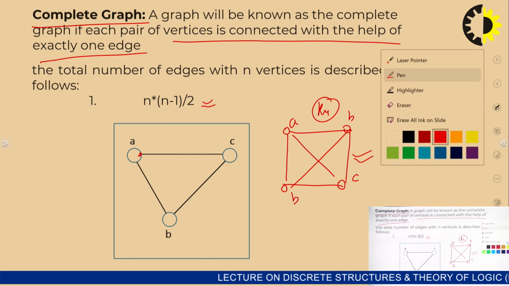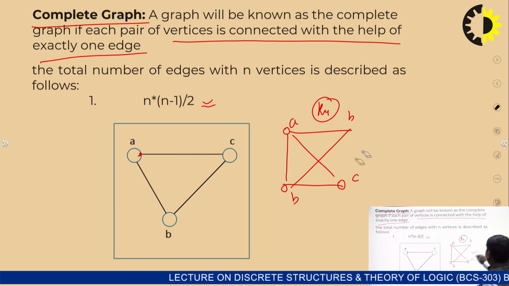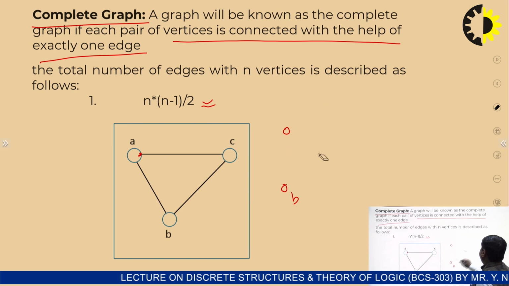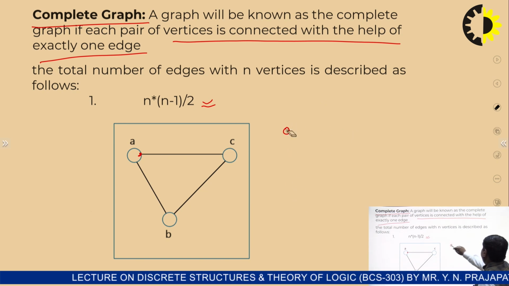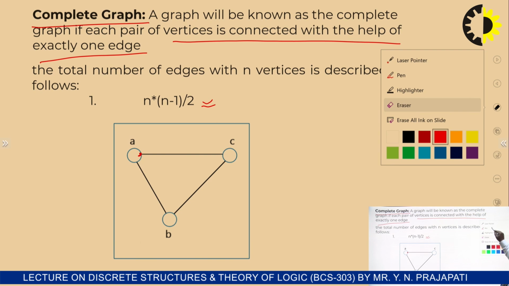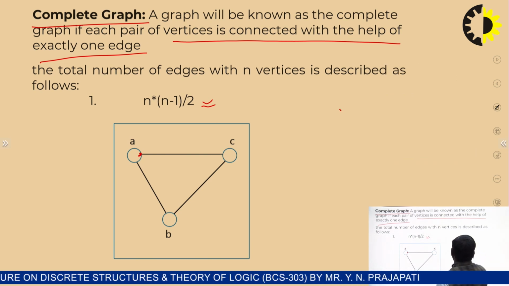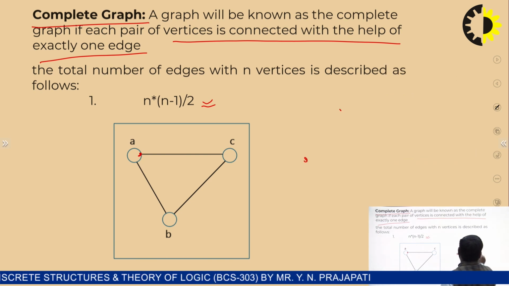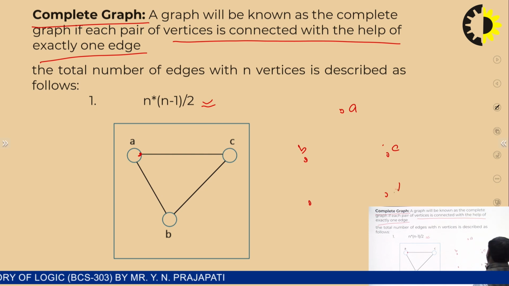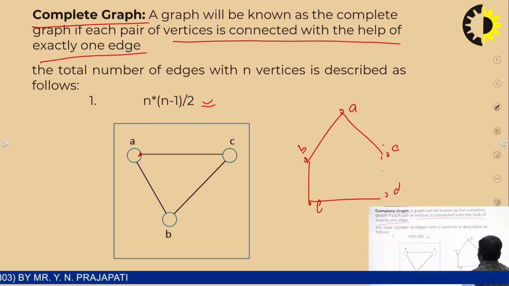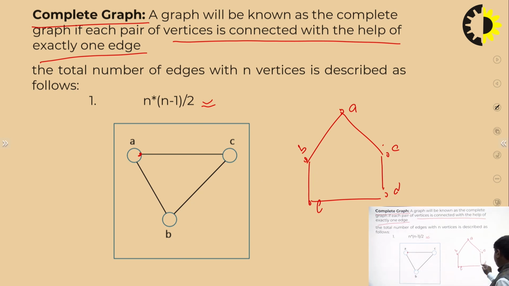Now, we can move on to another example, K5 complete graph. Now this is node 1, node 2, node 3, node 4, node 5, A, B, C, D and E. This is the simple graph.